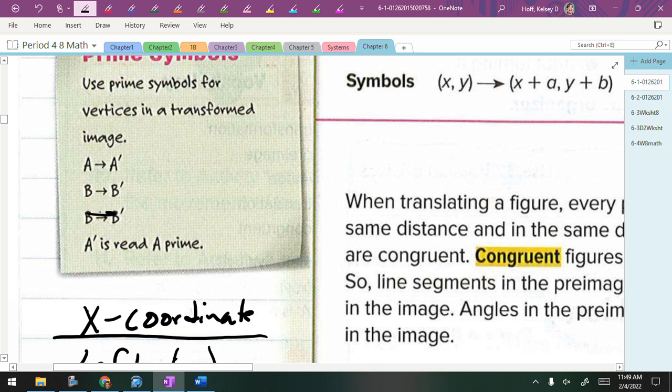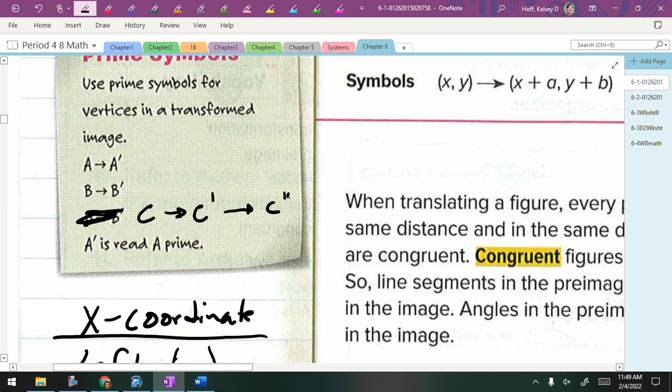And I think they screwed this up. My guess is that's supposed to say C, and it becomes C prime. Now, if I took C prime and moved it again, they would call that C double prime, which is just 2 tick marks. So as you're working through today's problems and throughout this chapter, you have to label all your points.